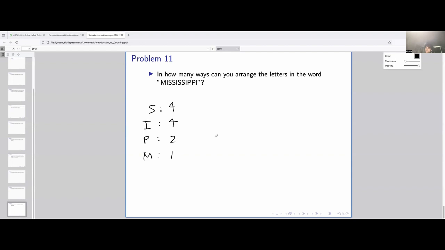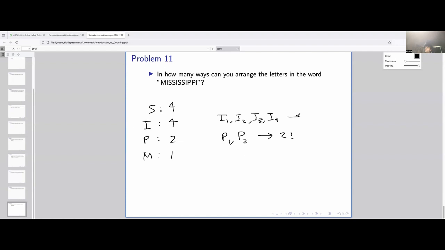With P, the first P could come first or the second P could come first, so we have to account for that. There are 2 factorial reorderings of this. For the I, these also come in a particular ordering.